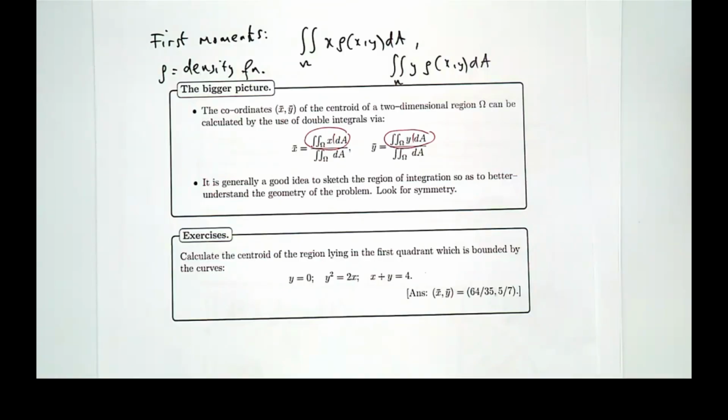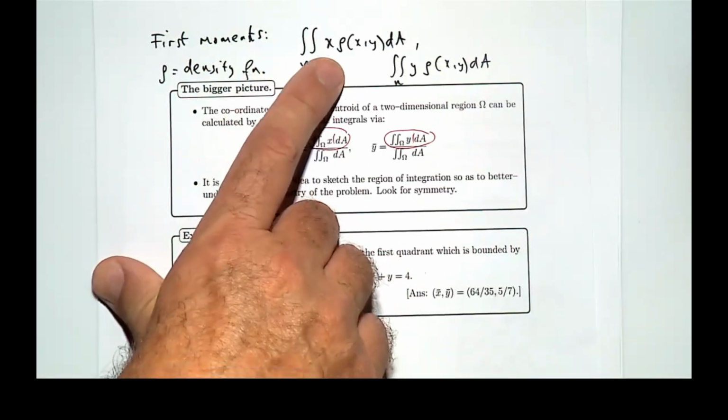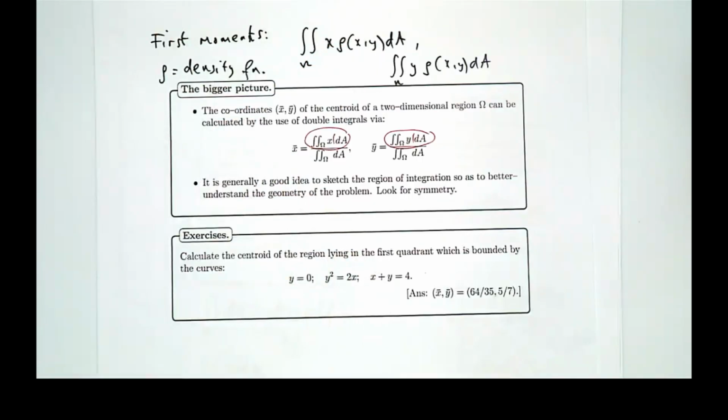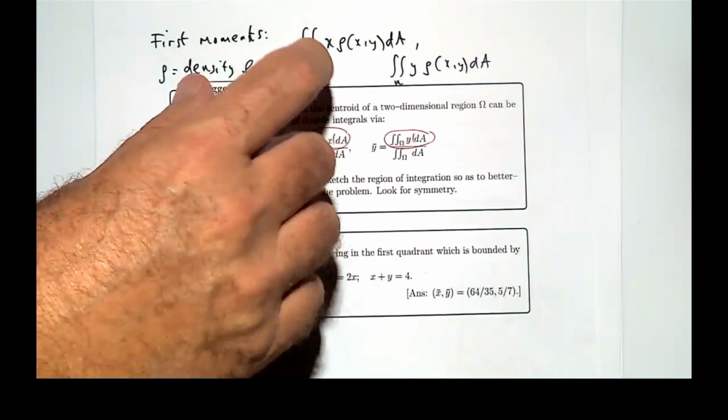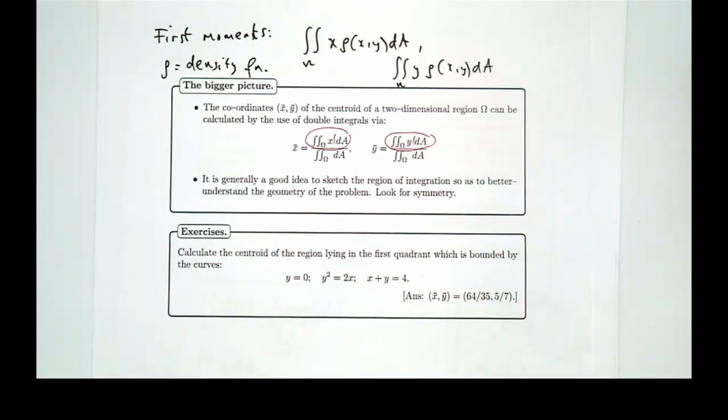So the way I remember these ones is these are the first moments about an axis. This is the first moment about the y-axis. It's basically distance times mass. And this one is known as the first moment about the x-axis. And again, roughly speaking, it's distance times mass.